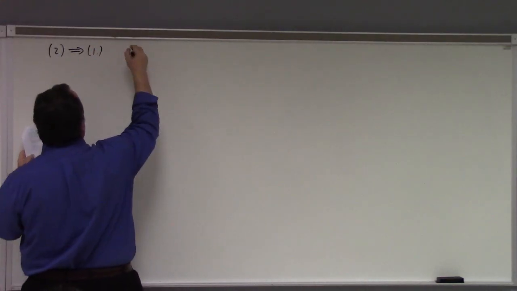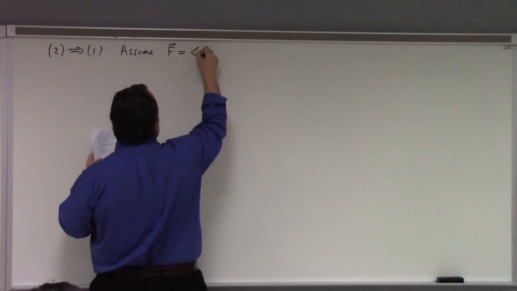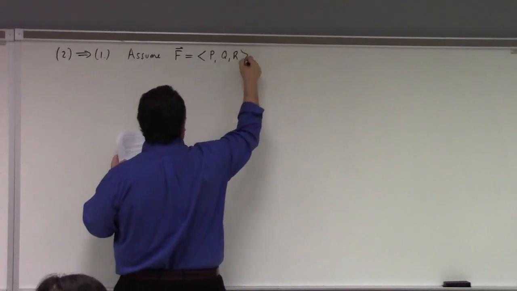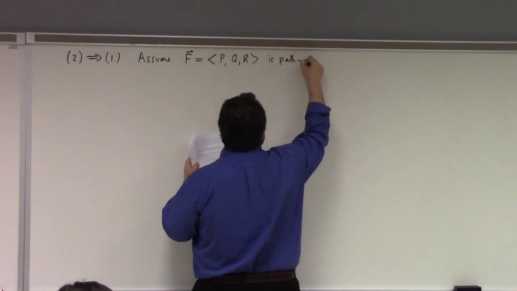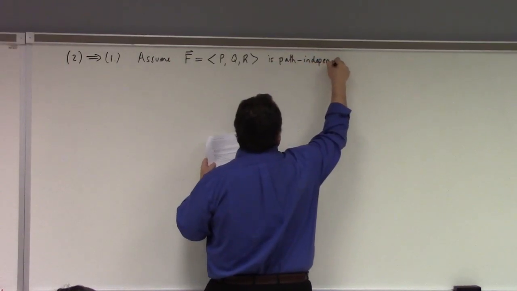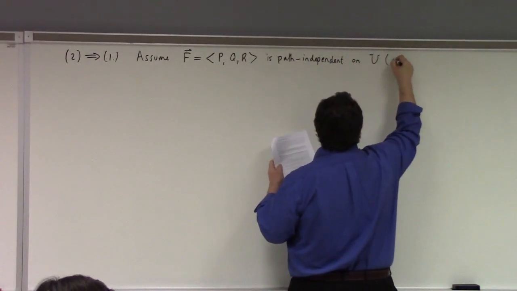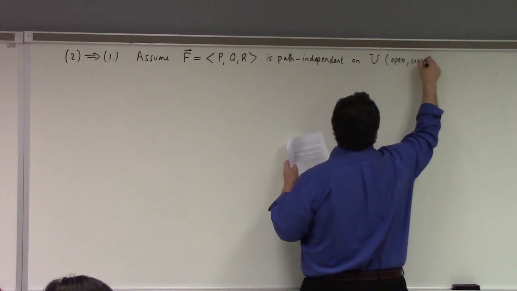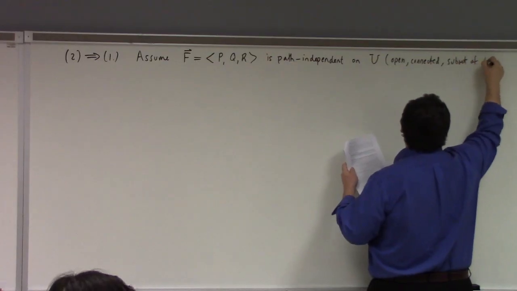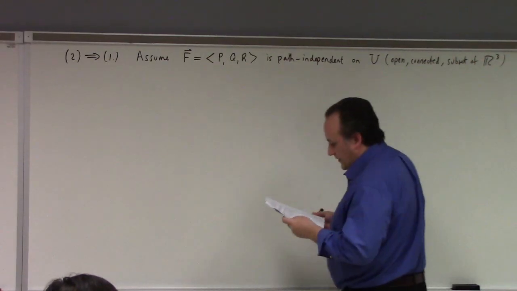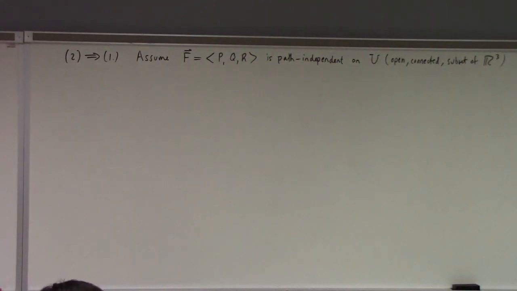We're going to assume that F, which is PQR, is path independent on U, which was an open connected, at the moment, subset of R3. And I'm trying to establish that F is in fact conservative.